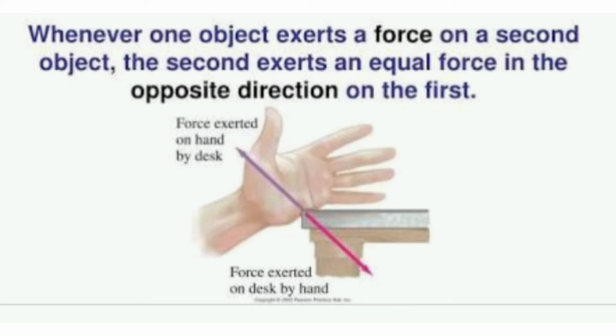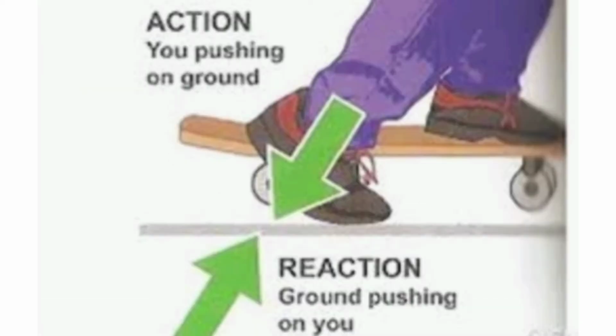Whenever one object exerts a force on a second object, the second exerts an equal force in the opposite direction on the first. Forces are equal in size. Forces act in opposite directions. Each force acts on a different body.